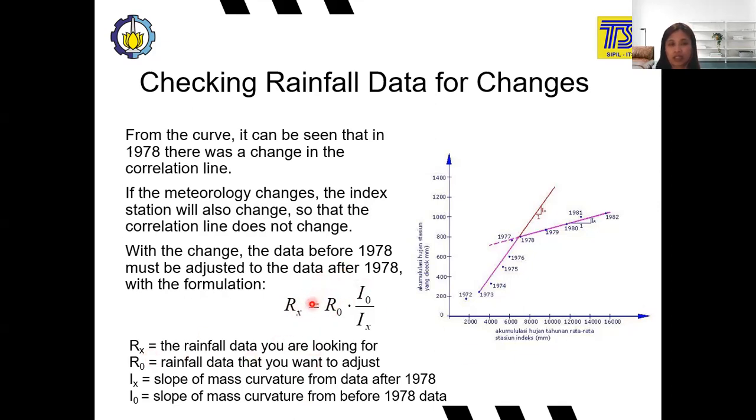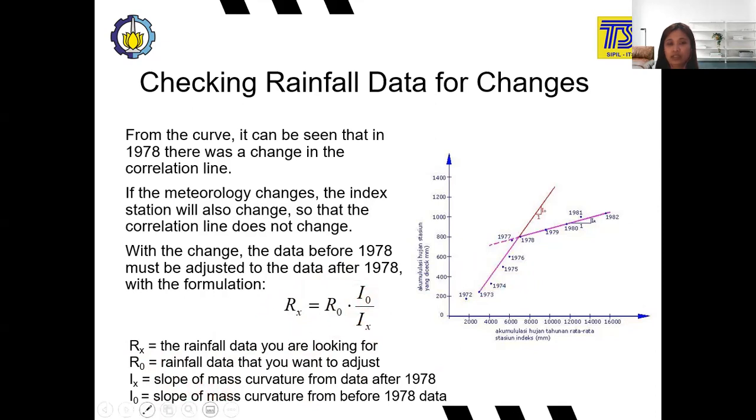Here, Rx is the rainfall data that we are looking for, that we're going to get after we adjust it. The R0 is the rainfall data that you want to adjust. It's the old data, and it is multiplied with I0.